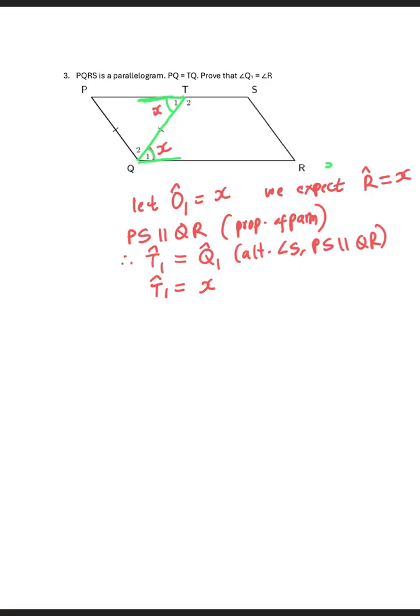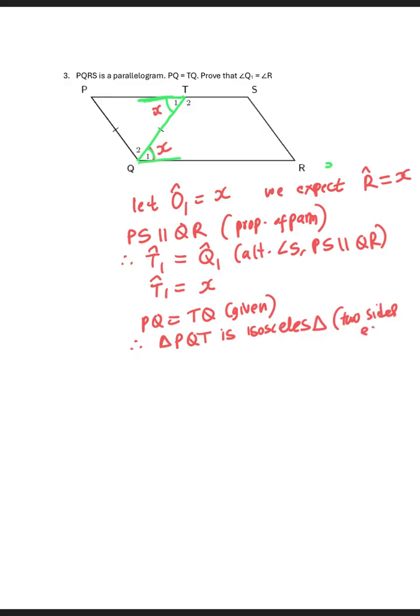And then we are also given that PQ is equal to TQ. This is given. Therefore, it follows that triangle PQT is isosceles, because it has two sides equal.